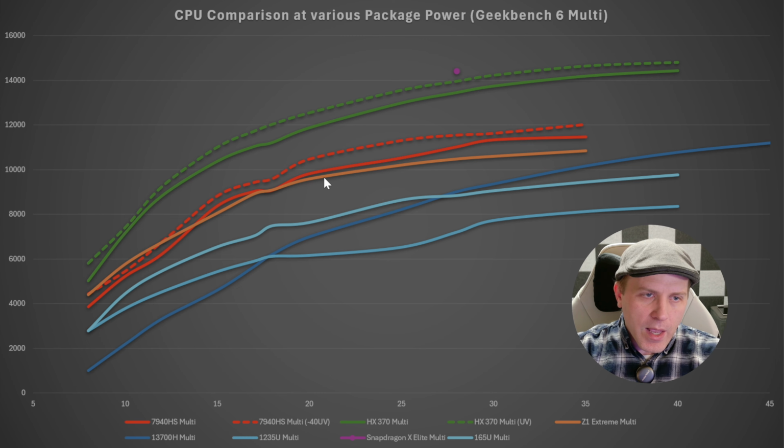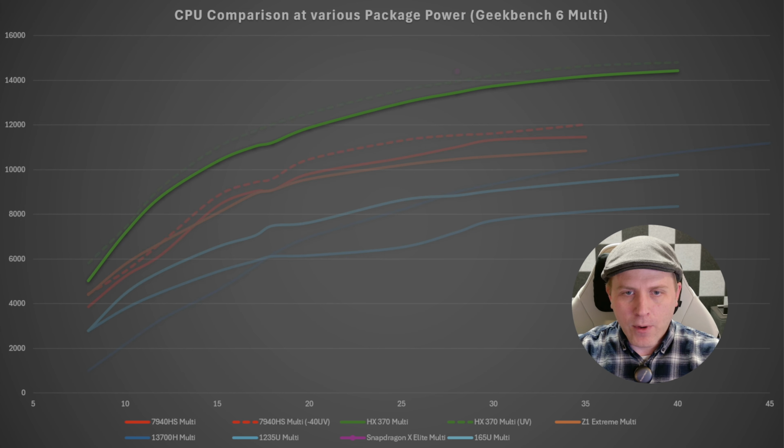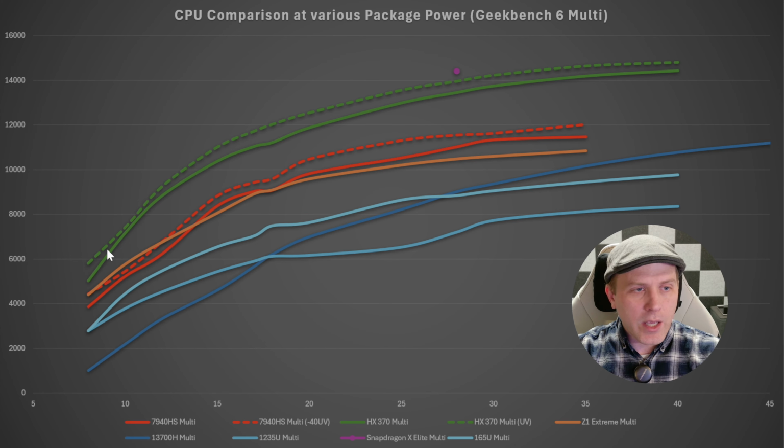Anyways, I was really surprised to see how good the Ryzen AI HX 370 was over even the 7940. The 7940 was already pretty efficient, but that HX 370, my goodness, look at how good the performance is, giving much less power.